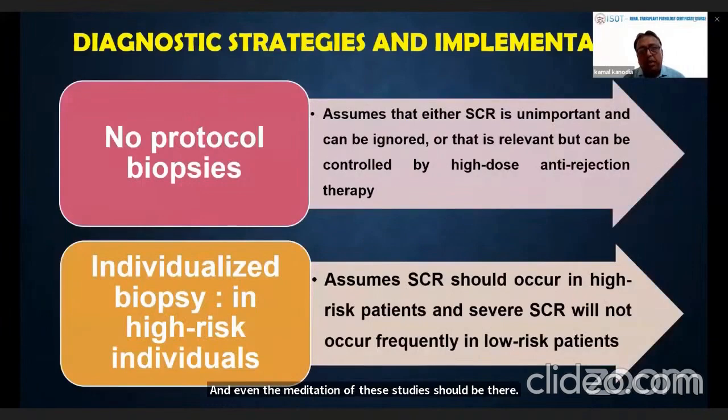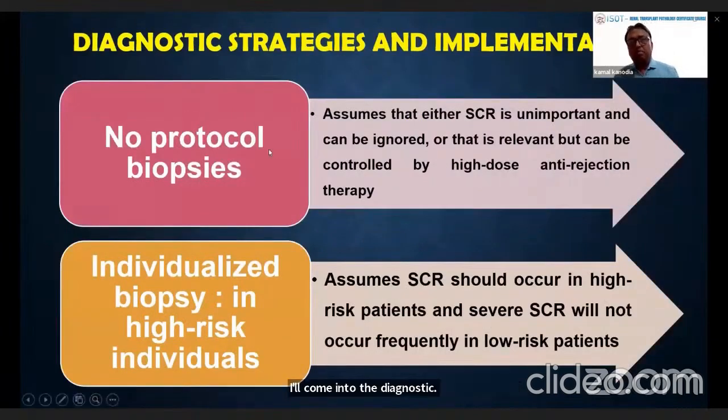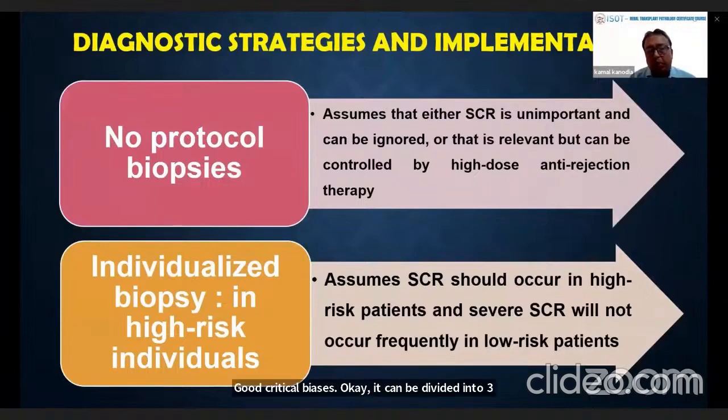Now coming to the diagnostic strategies for protocol biopsies, which can be divided into 3 parts: no protocol biopsies, individualized or selected patient biopsy, or biopsy in all the recipients.